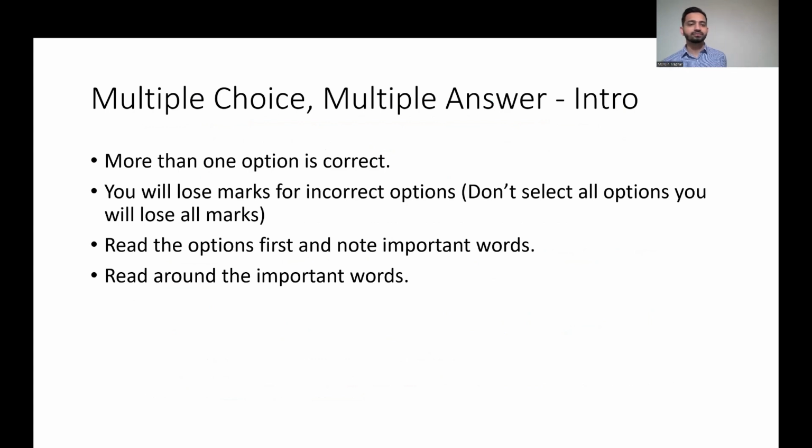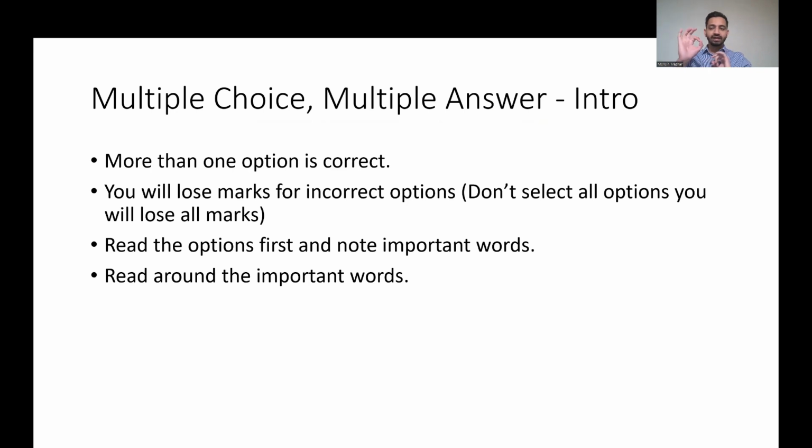Now we're going to talk about multiple choice, multiple answer. I'll give you a little bit of intro. It's a slightly different activity from the multiple choice, single answer. We've got more than one option that is correct. But you have to be super careful that you can lose marks for your incorrect options. So if you selected one correct answer and you selected one wrong answer, you get 0.